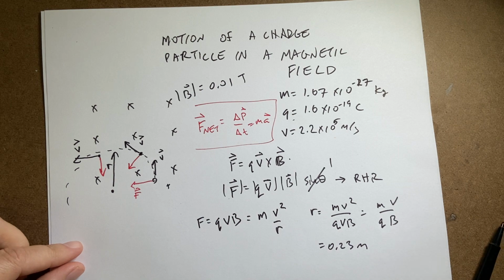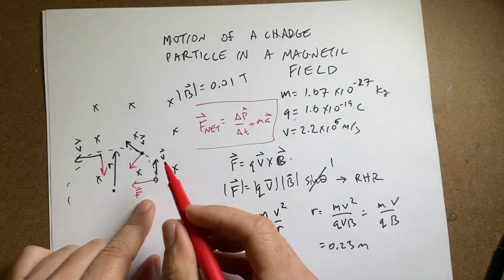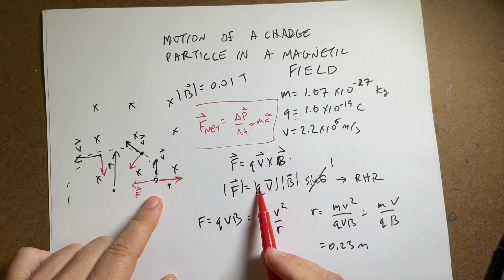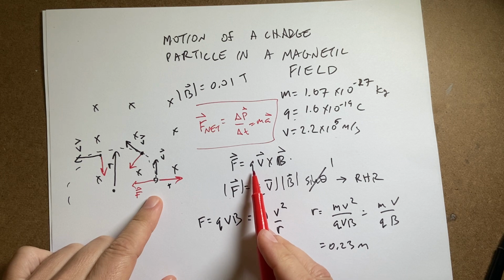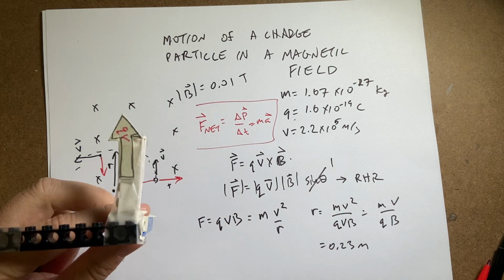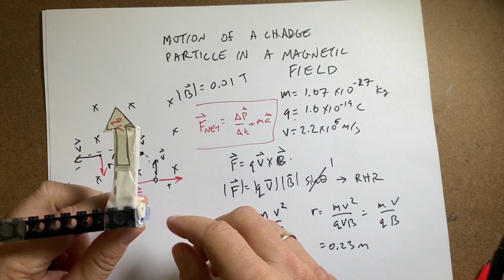What if this was an electron instead? If it was an electron, then the force would actually be in the opposite direction, because now qv is negative. So if this was before, now qv is this way because I have a negative charge.